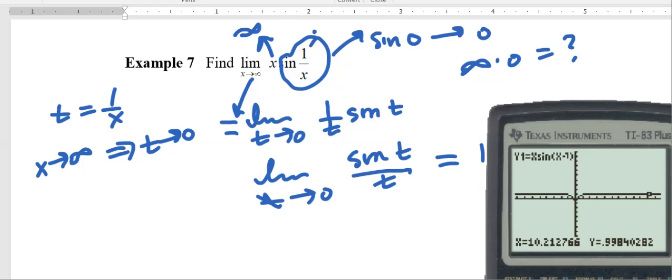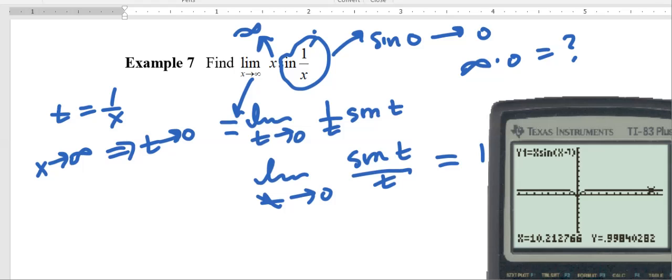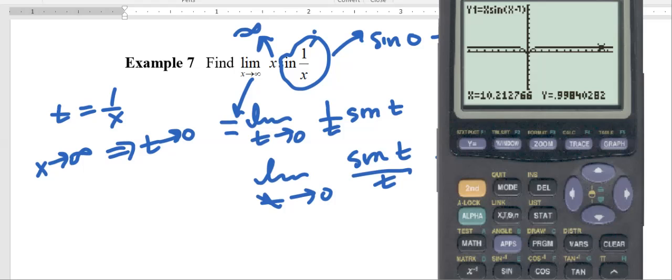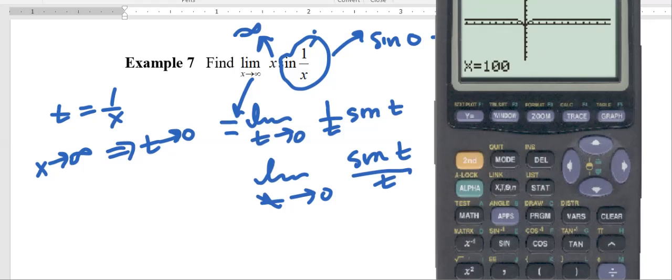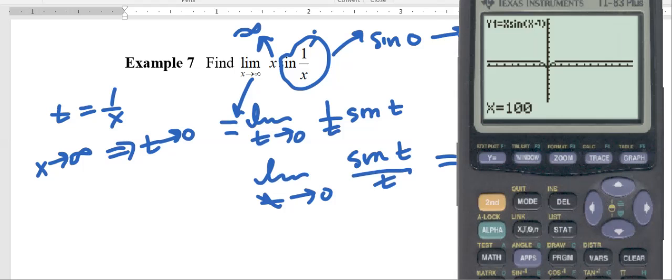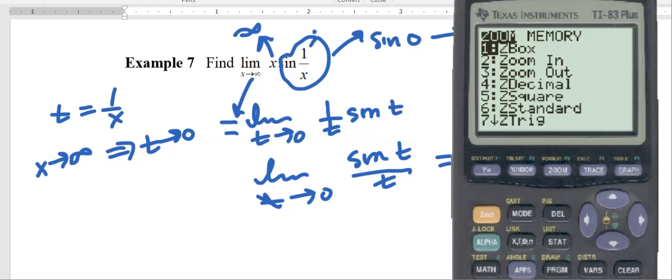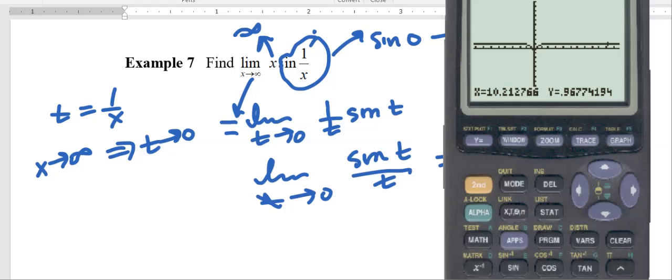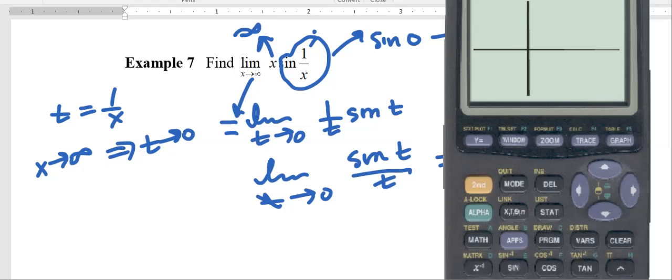Let's see if we did a trace. Let's try 100. I don't know, it might reject that because it's outside the screen limit. Yeah. Okay, my screen dimensions aren't that big, so I'd have to zoom out if I wanted to see that. So let's zoom out, enter. I can't even see the graph.